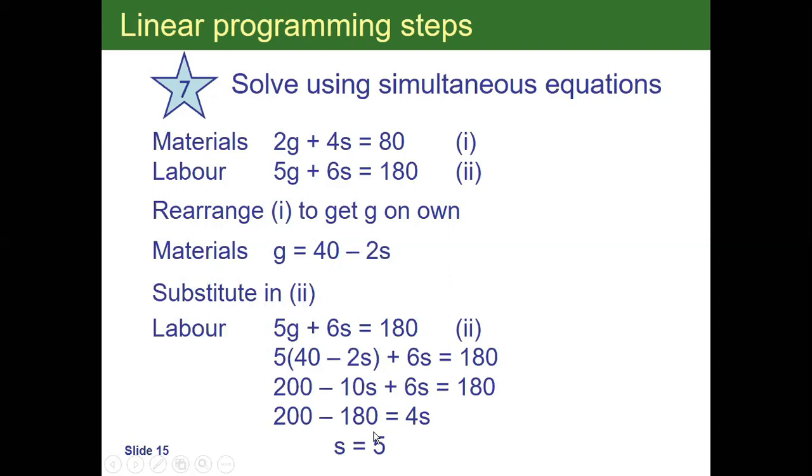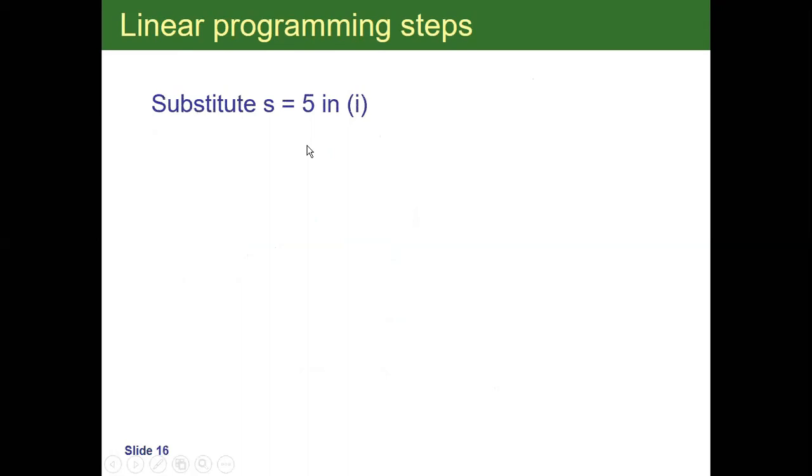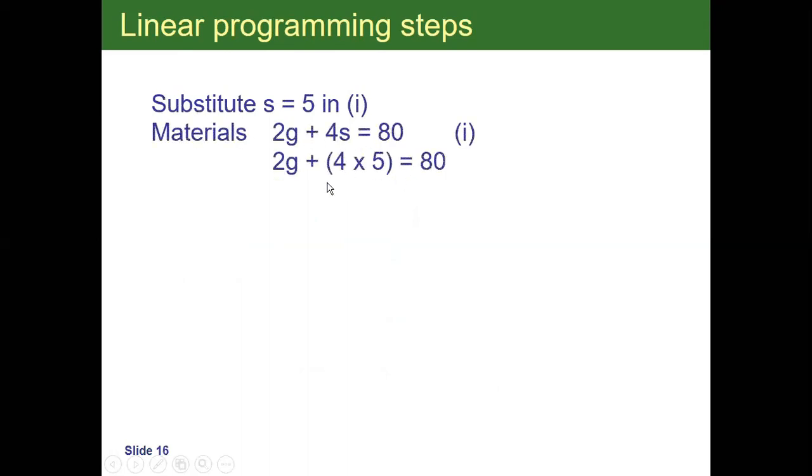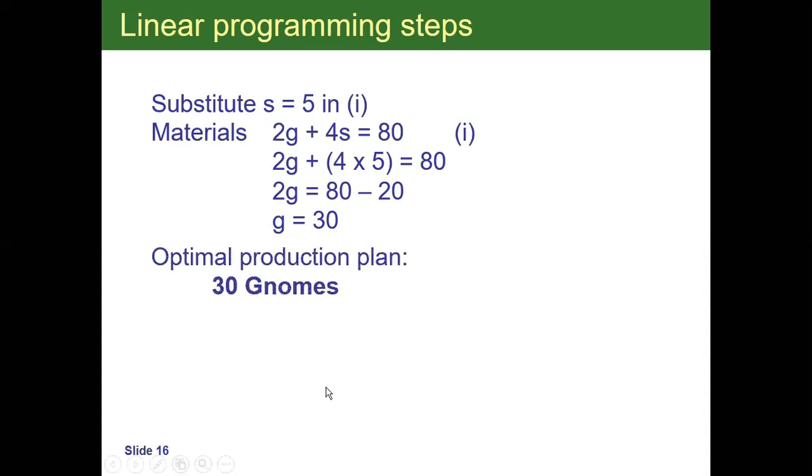It means that you should produce 5 statues maximum. Then we put this value of S, 5, in the first equation and we get G is equal to 30. So S is equal to 5 and G is equal to 30.